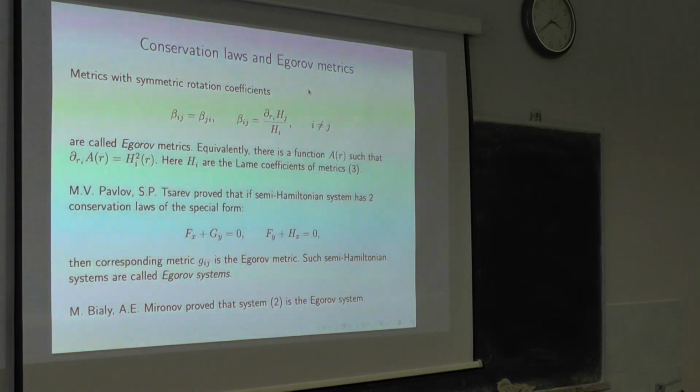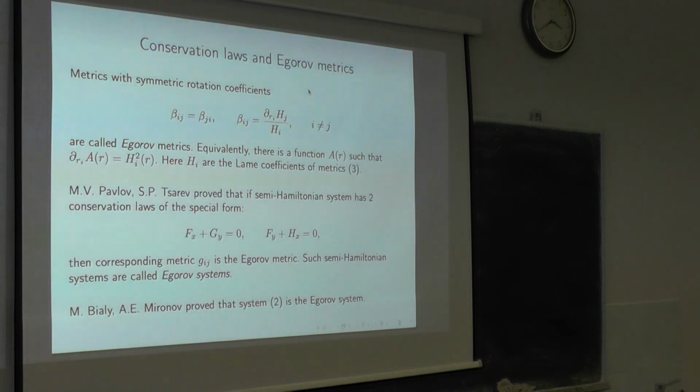If the rotation coefficients of a metric are symmetric, then such a metric is called an Egorov metric. And there is an interesting relationship between the notion of semi-Hamiltonian systems and the condition for the corresponding metrics to be Egorov.